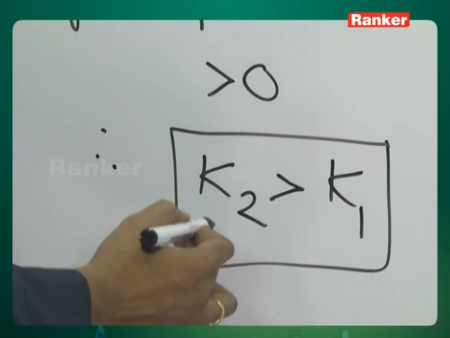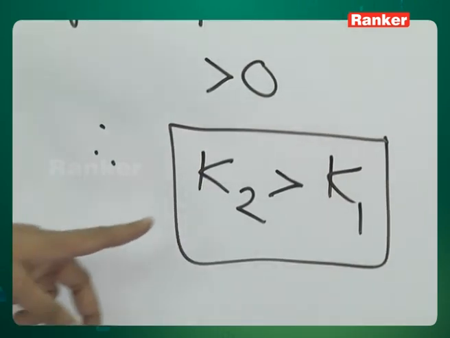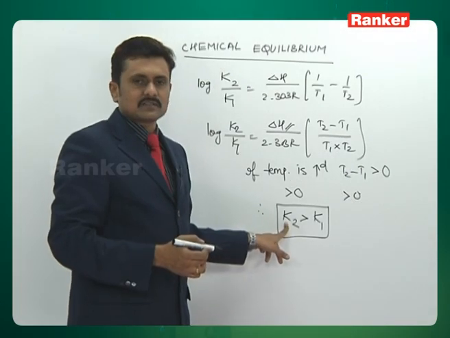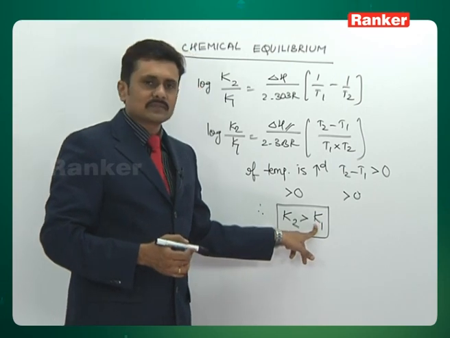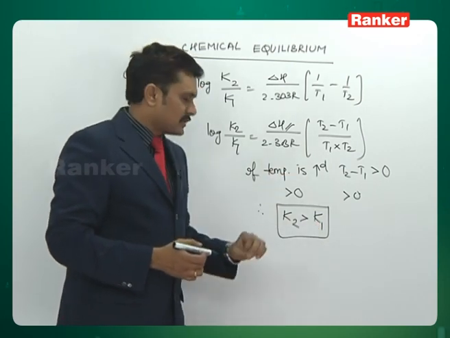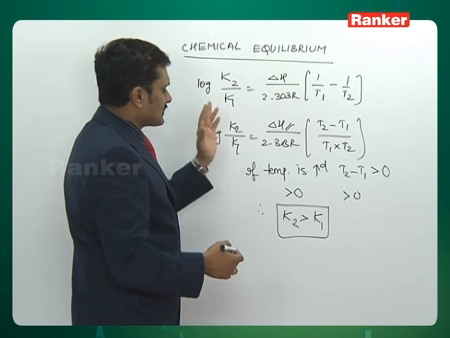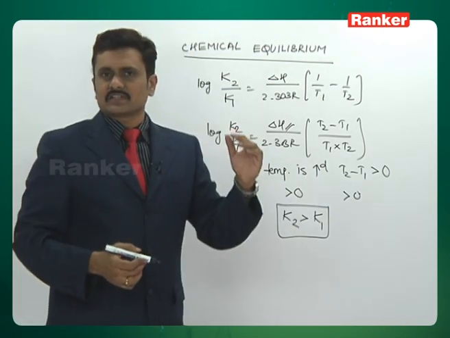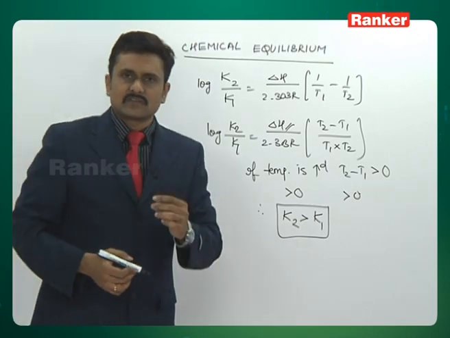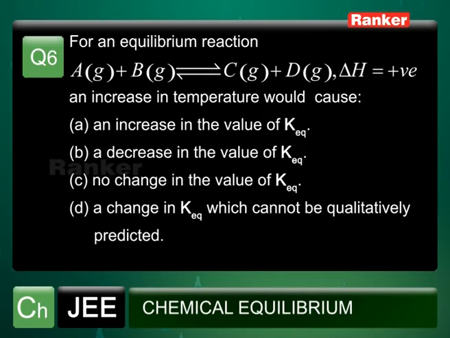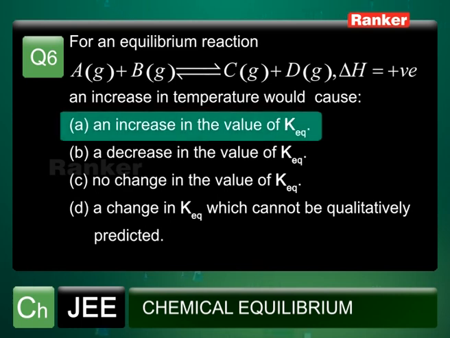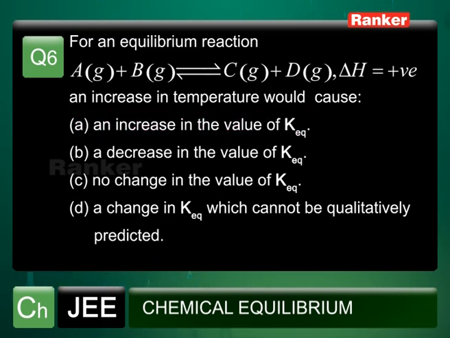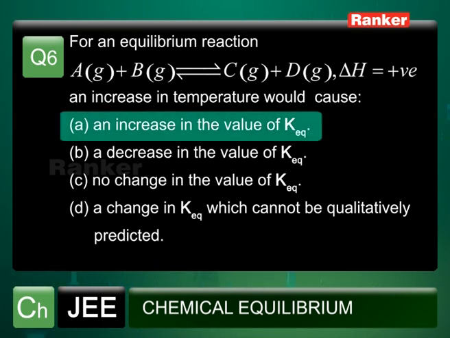That means the equilibrium constant at temperature T2, at higher temperature, is greater than that at lower temperature. So therefore we can say that for endothermic reaction, the equilibrium constant increases with increase of temperature, whereas for exothermic reaction it decreases with temperature. So option A is the correct answer for the given question, where for this endothermic reaction the K increases with increase of temperature.